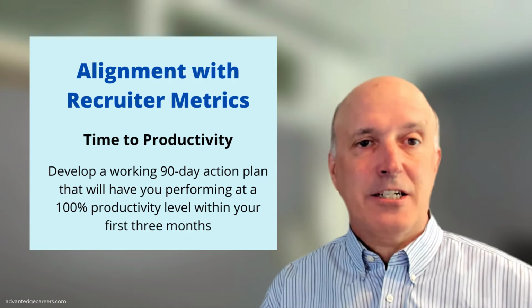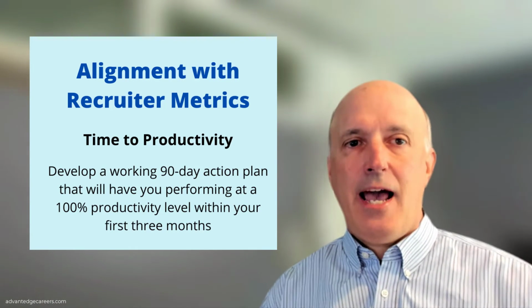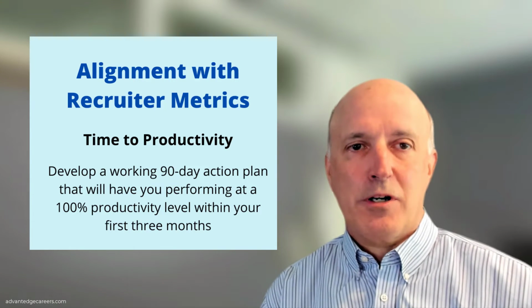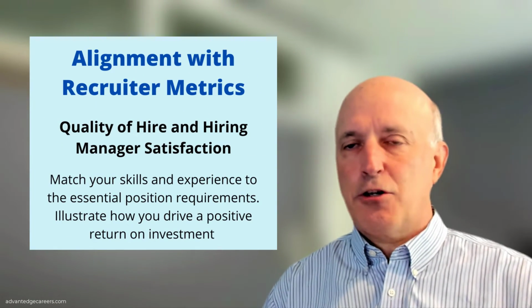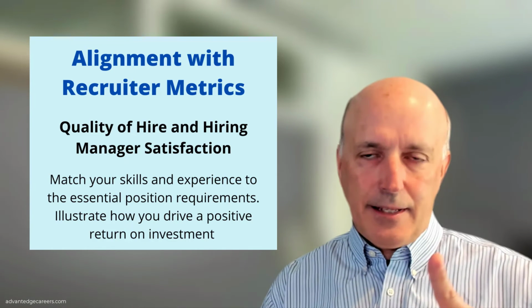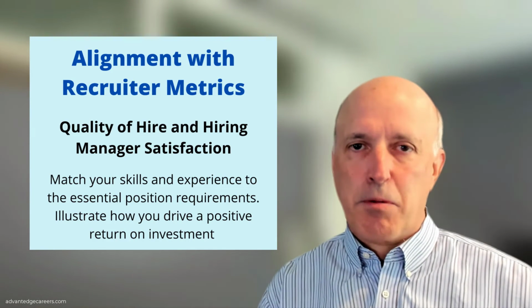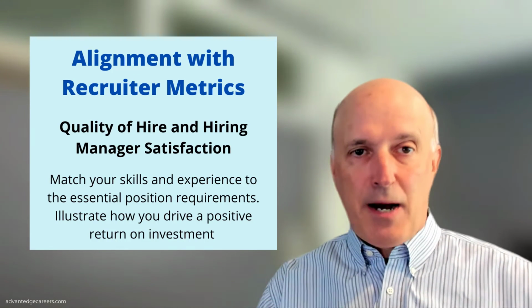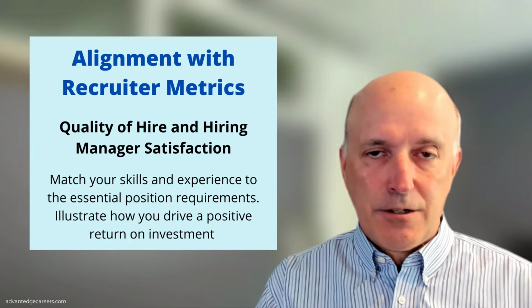Share your intention to develop something like a working 90-day action plan that's going to have you performing at 100% productivity level within your first 3 months. And then quality of hire and the hiring manager satisfaction. Match your skills and experience to the essential position requirements. Illustrate how your value proposition is going to drive a positive ROI, return on investment, for both the manager and the organization.